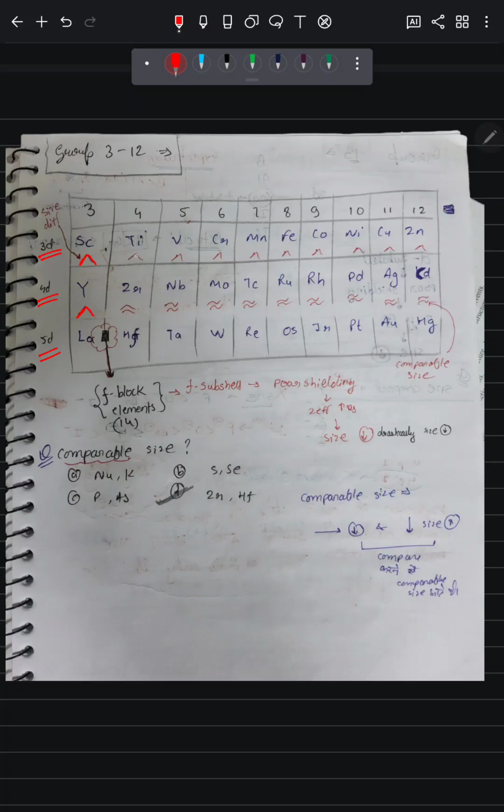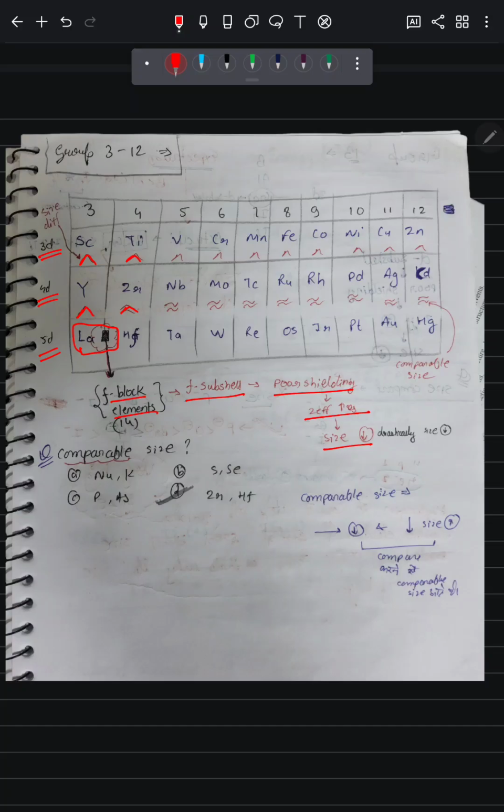But after that, here Ti, Zr and Hf. Why is that happening? Because of the presence of the lanthanoids, due to which the 14 F block elements are present. So the F subshell, due to poor shielding, the effective charge increases and size decreases.